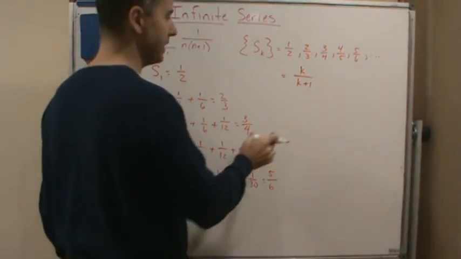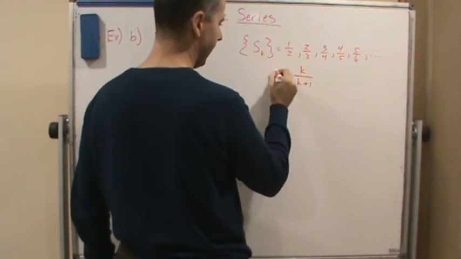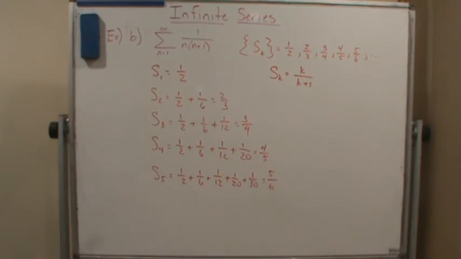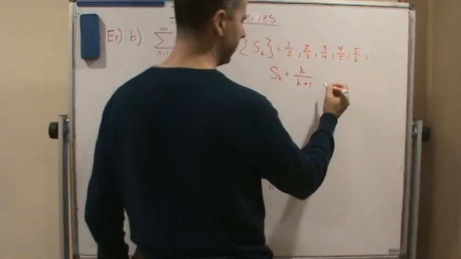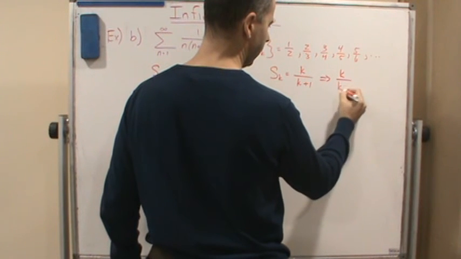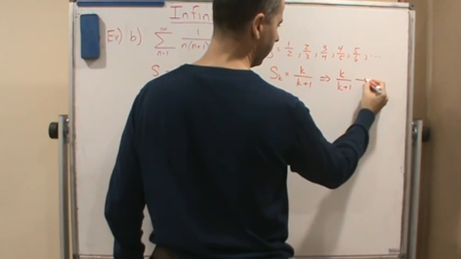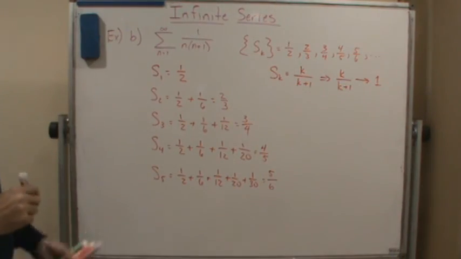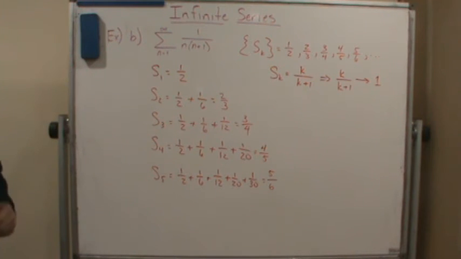So we can represent the nth term, S of k, equals k over k plus 1. And so we can look at the limit of this thing, right? Since the limit as k approaches infinity of k over k plus 1 approaches what? Approaches 1 as k goes to infinity.